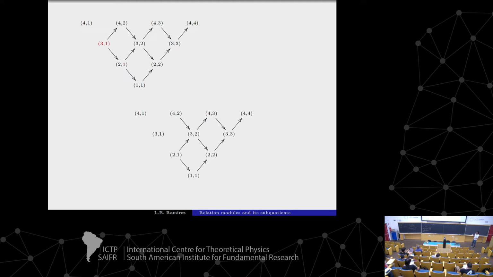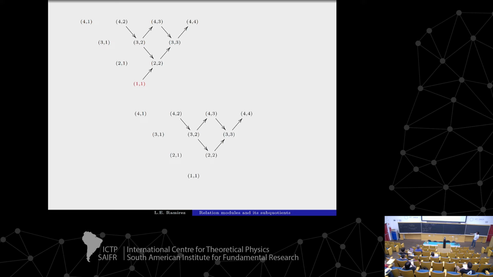We can do the same procedure here, and 3,1 again is a minimal point. We apply this removal relation method and obtain this graph. Again, this is a graph associated with some admissible set of relations, and again this is minimal. We can erase this arrow and this arrow. We obtain this. Again, this is admissible.